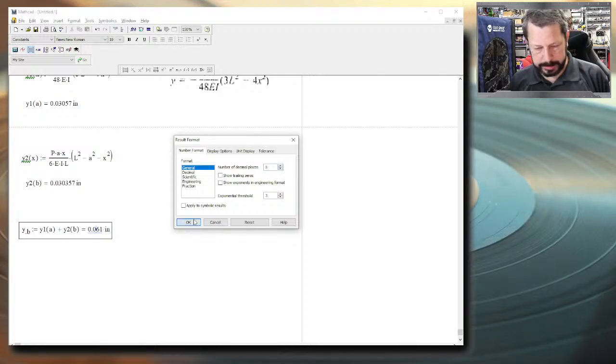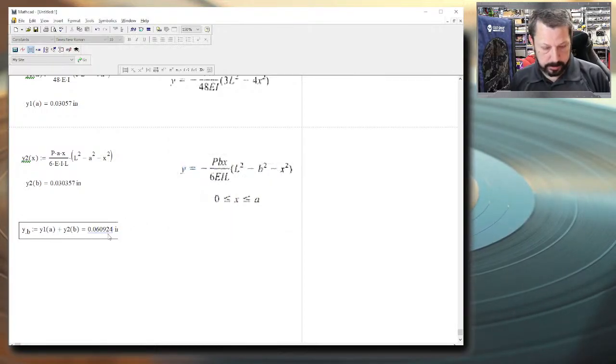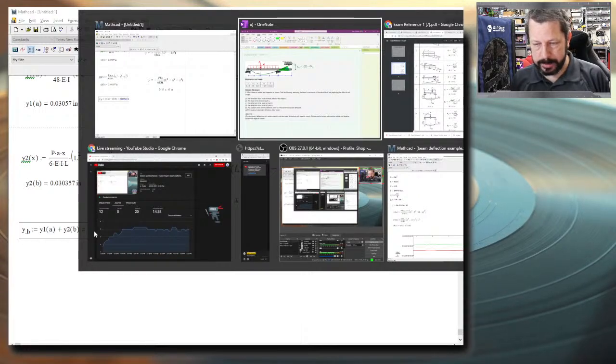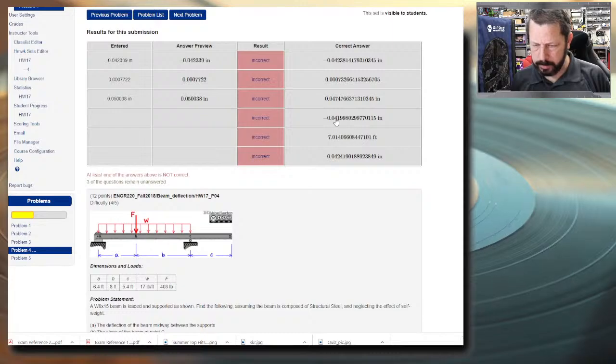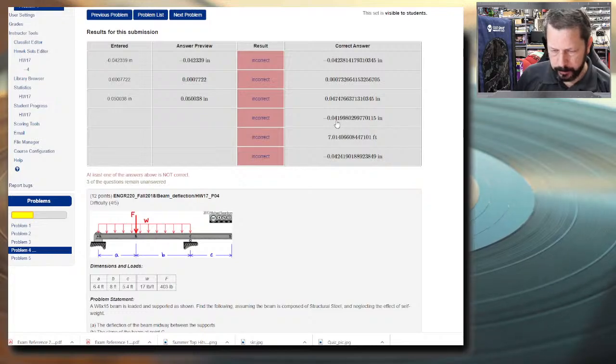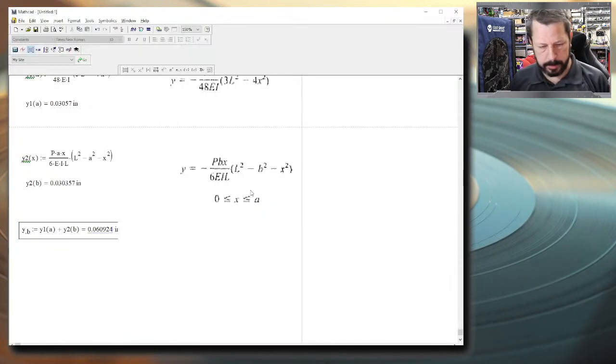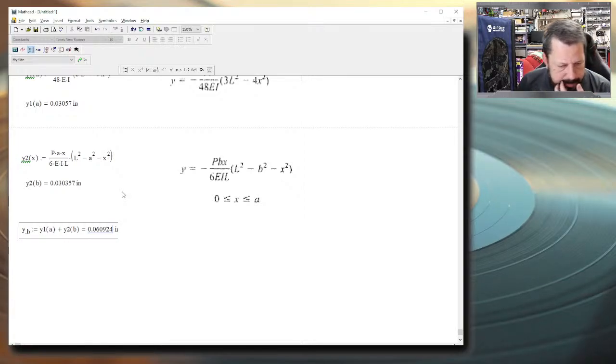More decimals, please. Let's copy that and see if by any chance WebWork thinks this is a good number. Oh, whoa, something is definitely off here. 04. I probably made an error. Let's see what it did.